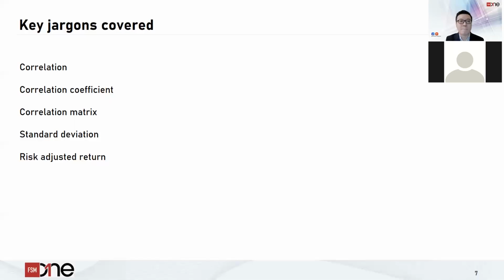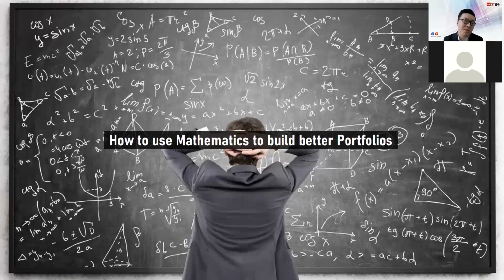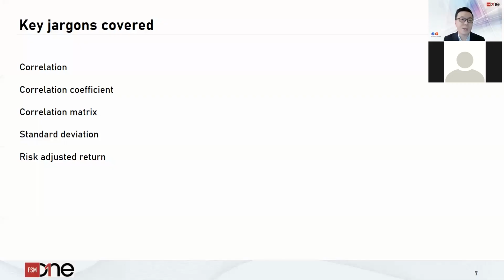It's not as complicated as what you see here, rest assured, but there will be some technical jargon mentioned throughout the session, such as correlation coefficient, correlation matrix, standard deviation, and risk-adjusted returns. I will go through them one by one first to build your foundation before we go on to the examples.